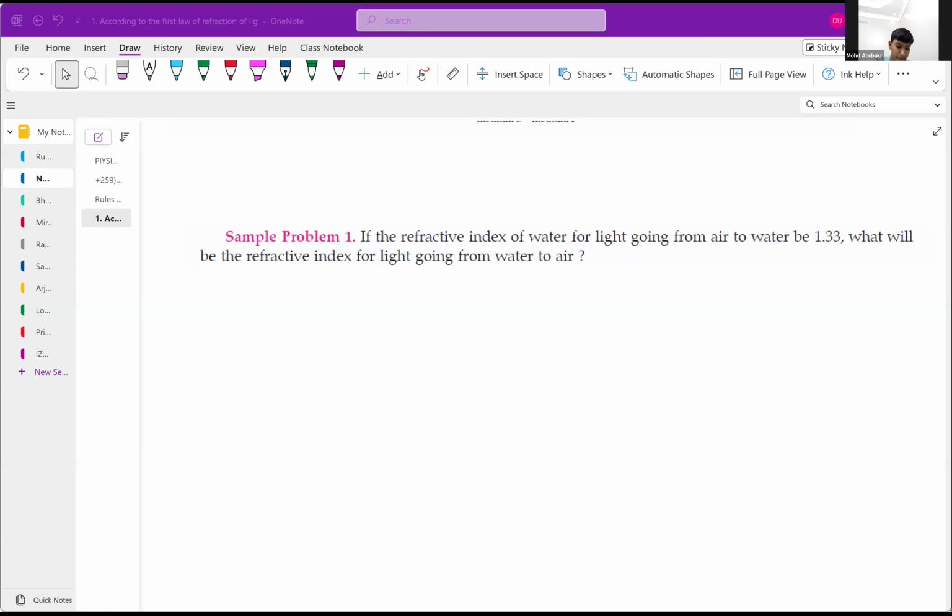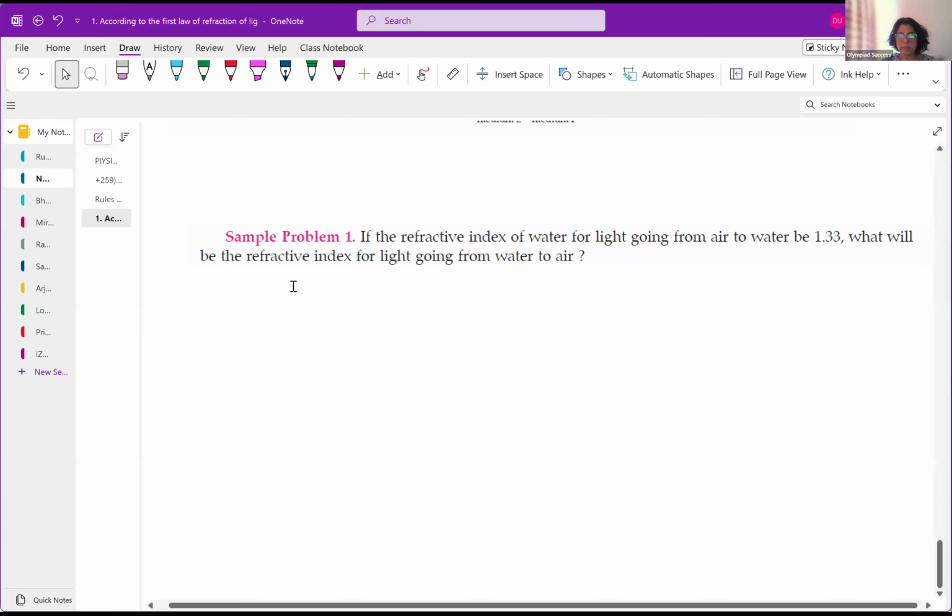Ma'am, it will be 1 by 1.33. Yeah, it will be 1 by 1.33, which you will write in this way. 0.75 is the answer, right?